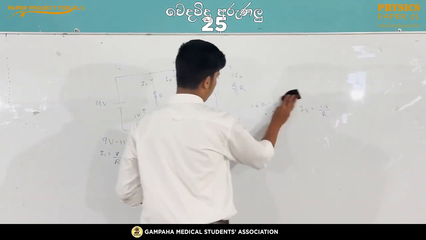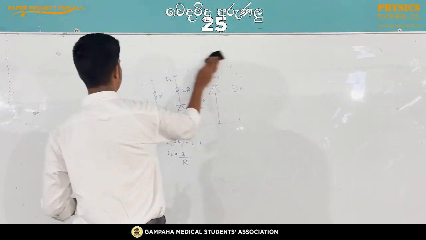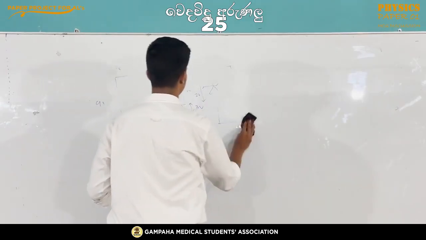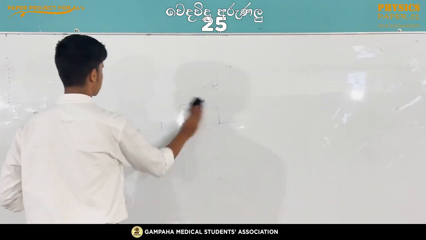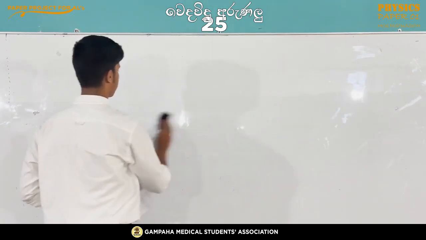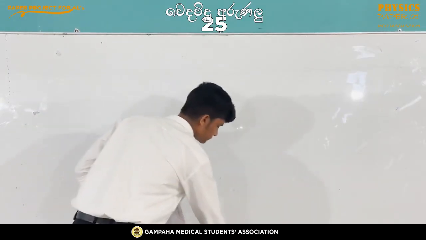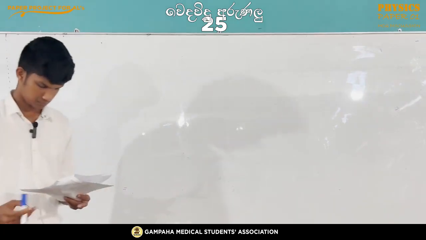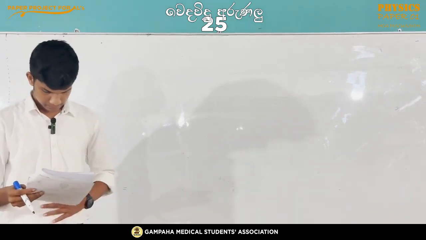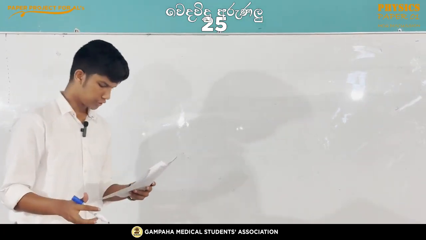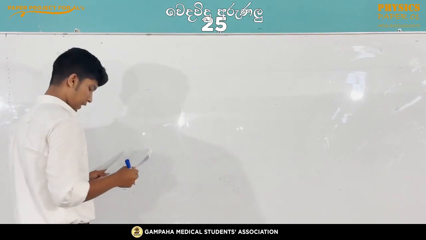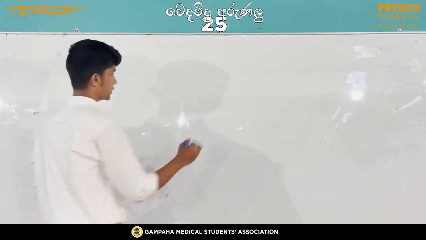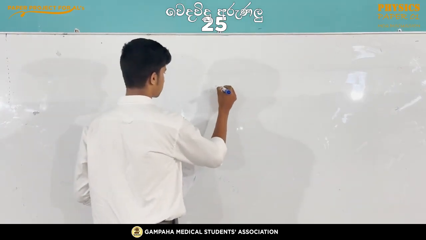So here, initially a black body is at temperature T and the mass of water is at 68 degrees Fahrenheit.